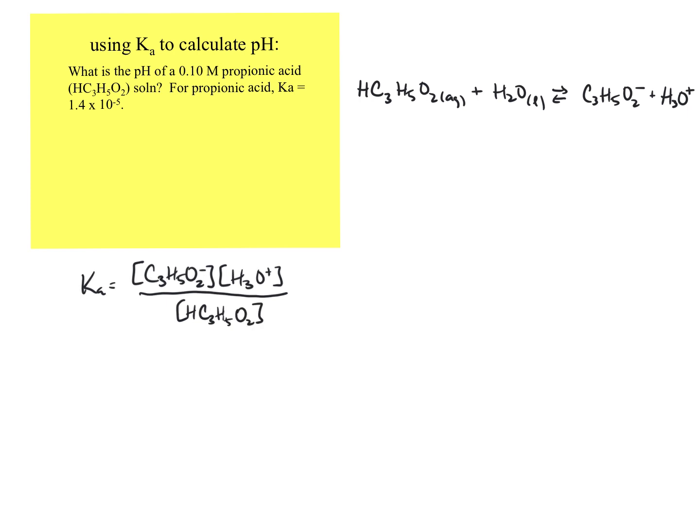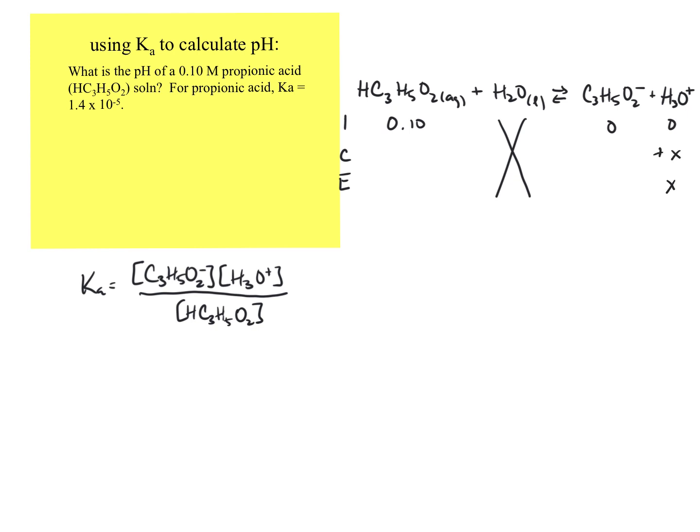Okay. Now, let's set up the table: initial, change, equilibrium. The initial value is 0.10. X out this column, 0 and 0. In order to find out what the pH is, we need to know what the H3O plus concentration is. We don't know that, so I'm going to put an X right here to indicate that's what we're looking for.